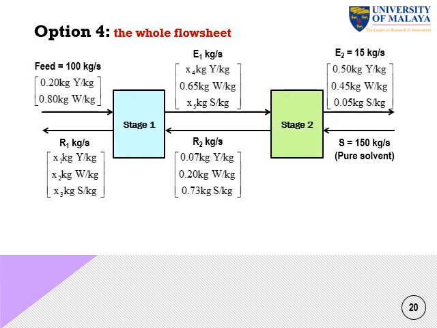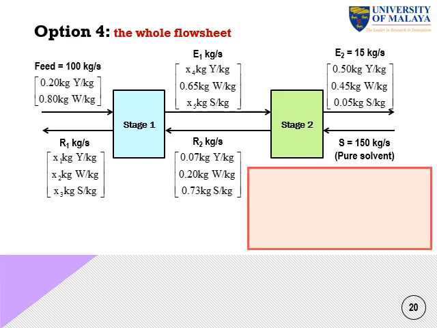Let's say you want to use the second approach, i.e. you analyze the whole flow sheet to do the DOF analysis and to determine whether you have enough information to solve the problem or not. So this is the same problem given to you in the example 3 just now, the same numbers, everything. It's just that we're going to show you a different approach on doing the DOF analysis.